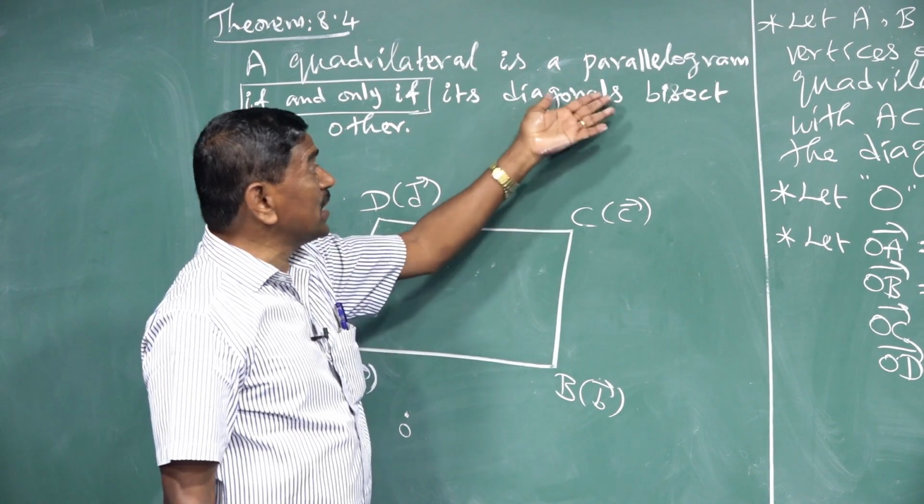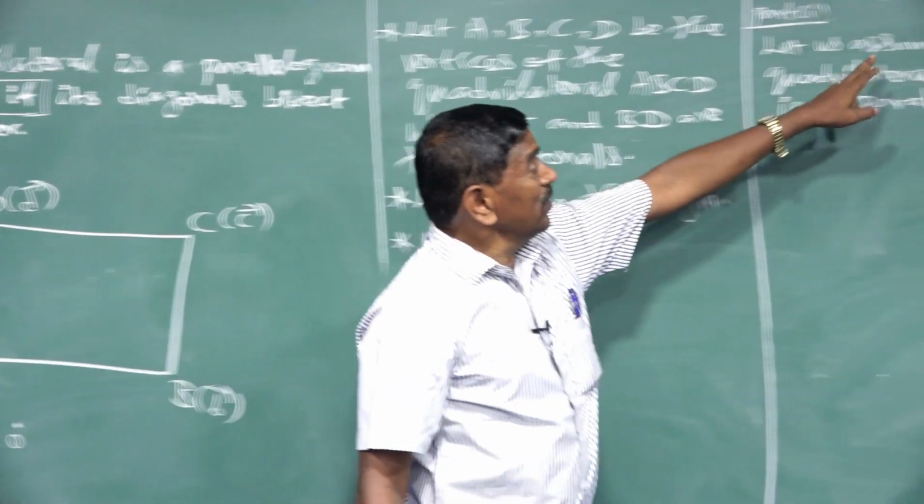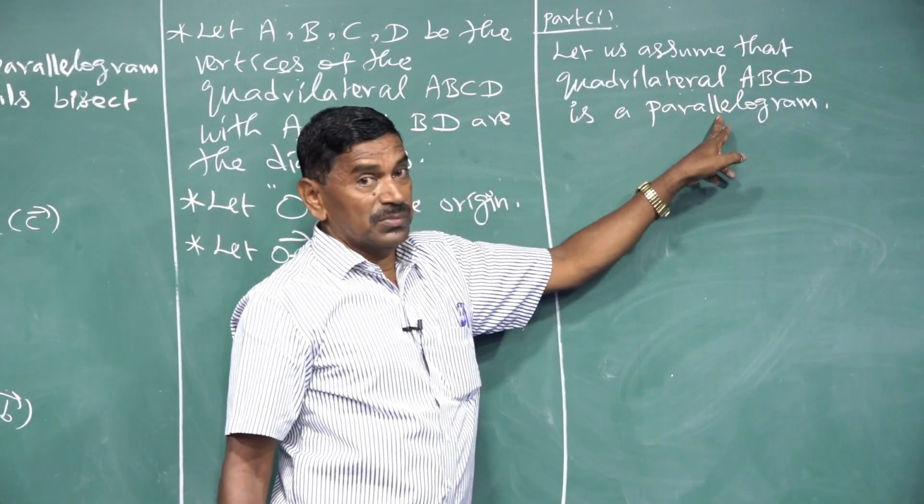Then we want to prove its diagonals bisect each other. That is our aim to prove.